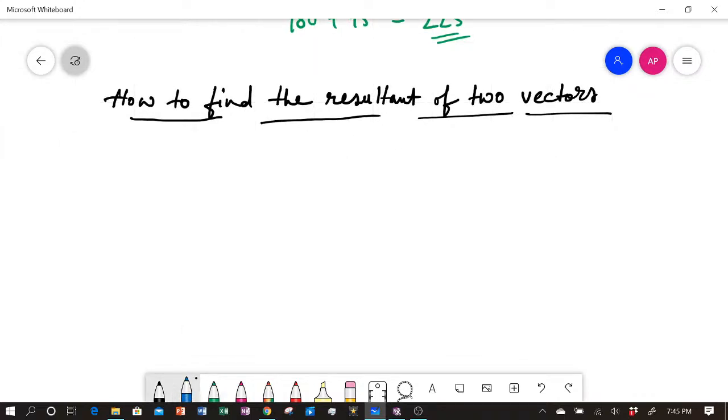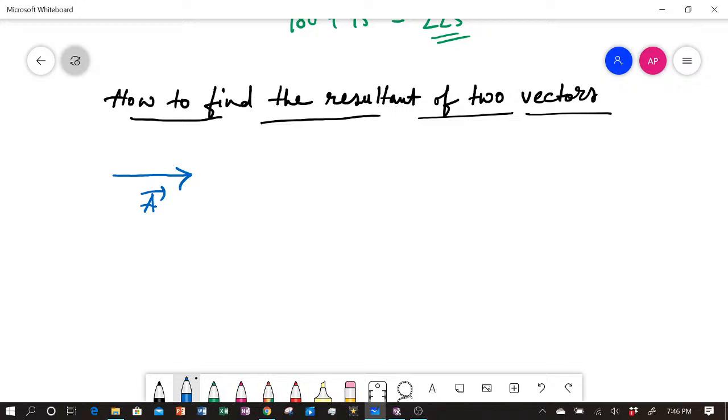So first of all, suppose we have a vector A, and the magnitude of it. Now tell me first, how can we represent the magnitude of a vector?